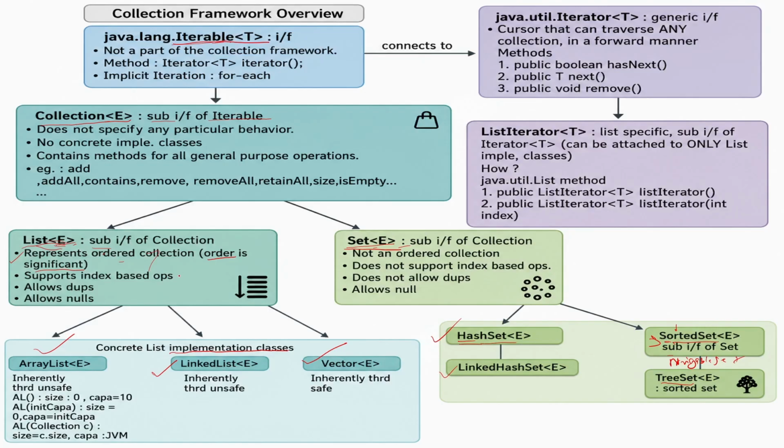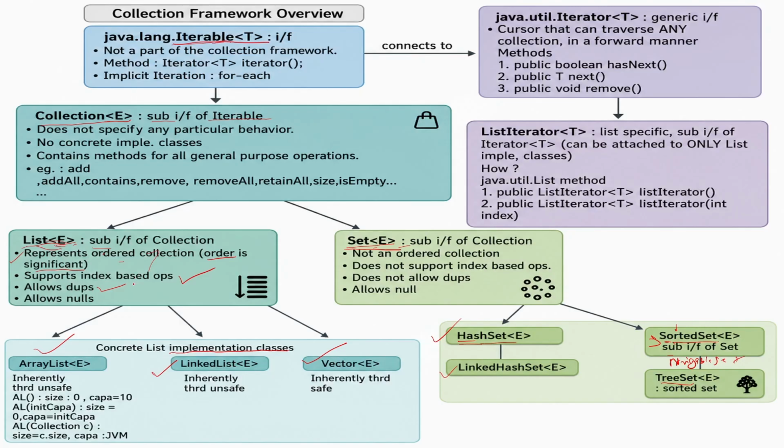And it supports index-based operations. We will see in the examples how index-based operations are performed. And in a list, duplicates are allowed. Let's say I am adding values such as 10, 20, 30, 30, 40. The list will store 10, 20, 30, 30, and 40.